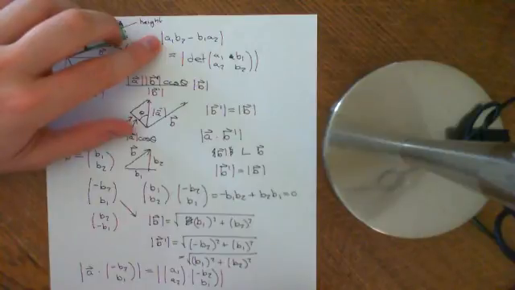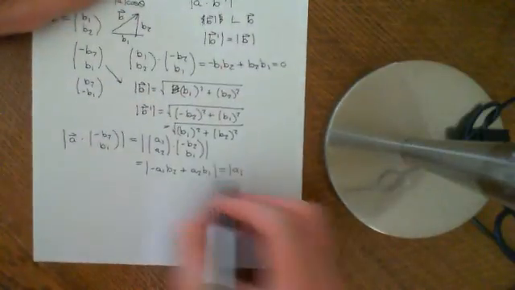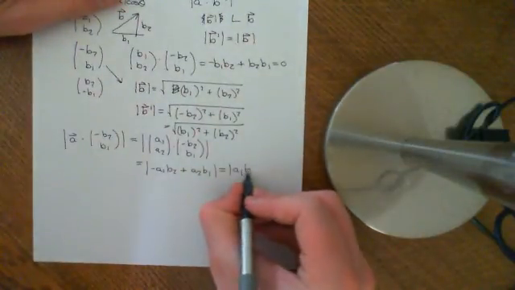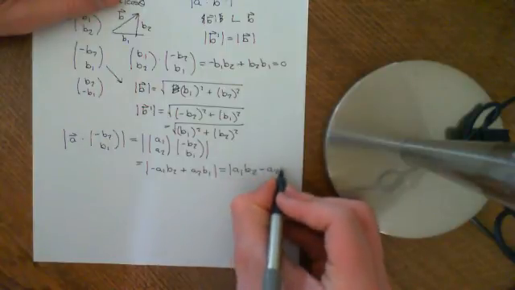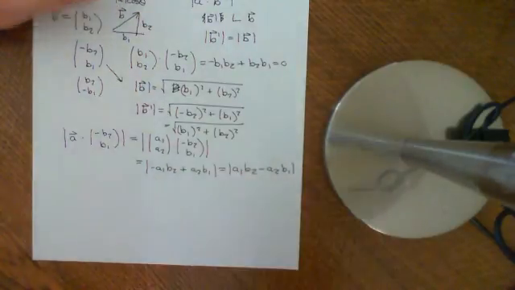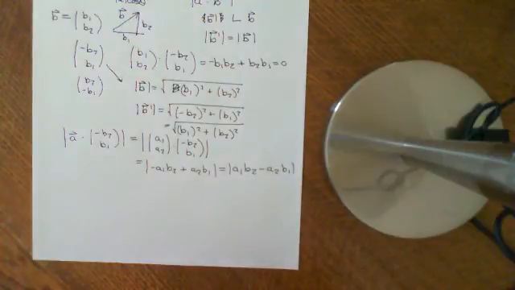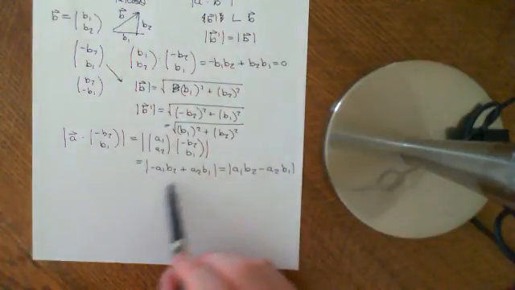This thing here is exactly the same as A1 B2 minus A2 B1, because if I multiply the inside by negative 1, when I take the modulus of that, it will be exactly the same as if I hadn't bothered.